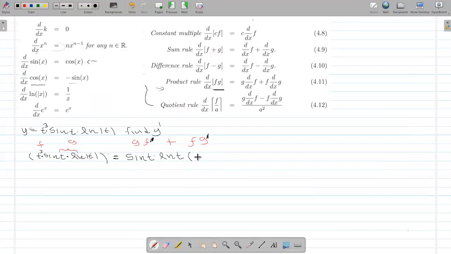Okay, I will write it here, t cube dash. So I plug in for f and g. G is this guy. Okay, plus f. f is t cube times g dash. g is sin t ln t.